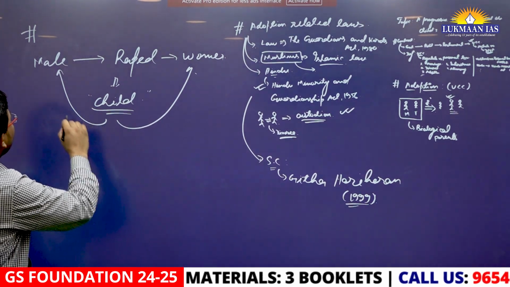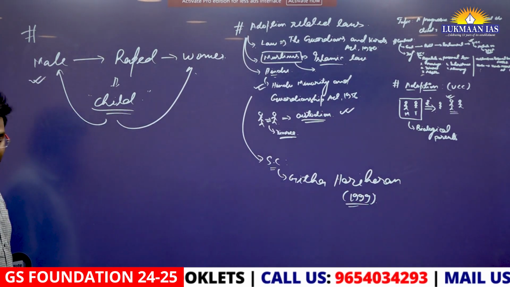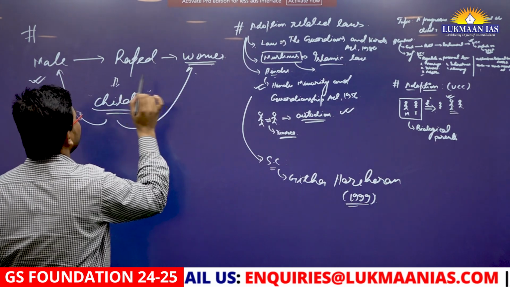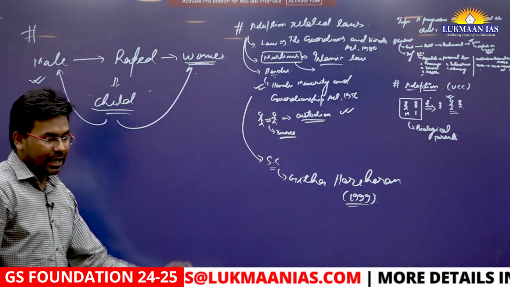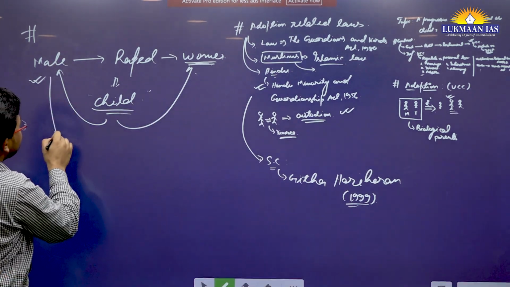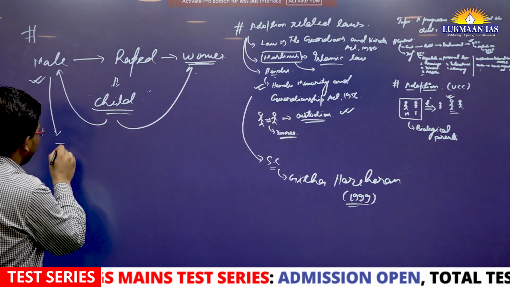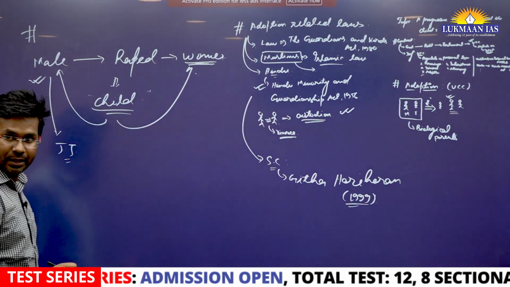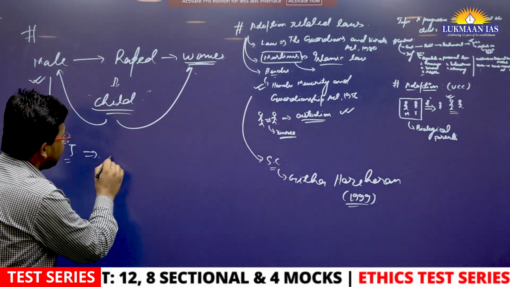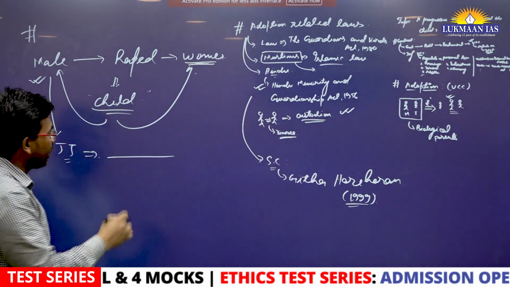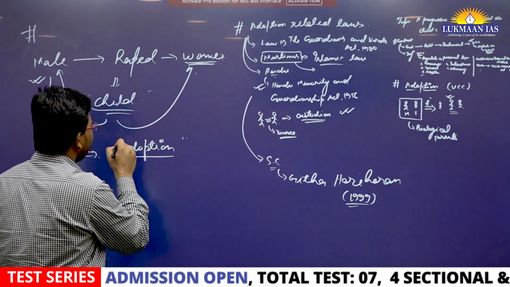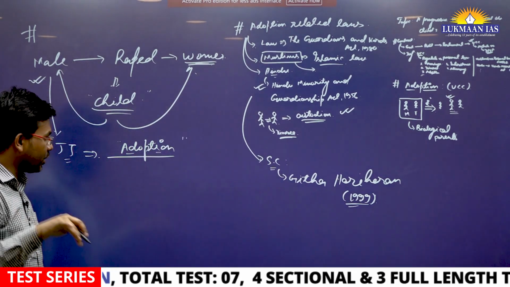The court gave the custody to the male, but later this woman married another man. After she married, this person left the child in a juvenile justice home. The juvenile justice home then gave the child for adoption to a third party, and the child was adopted.